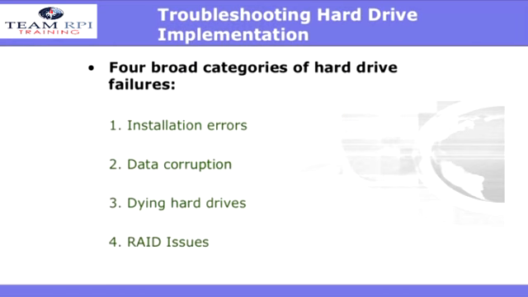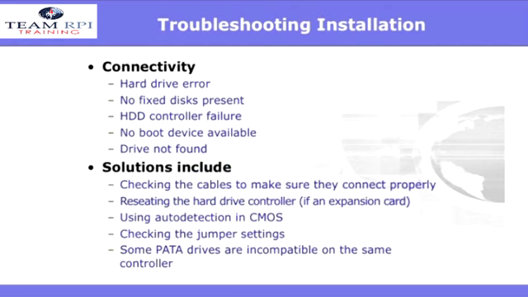Next, let's take a look at some common hard drive issues. There are four broad categories that they all fall in, whether it's installation errors, data corruption, dying hard drives, or RAID issues. So first we'll look at connectivity.